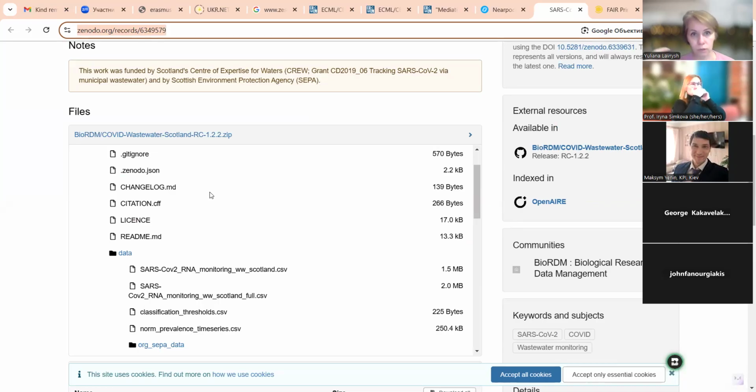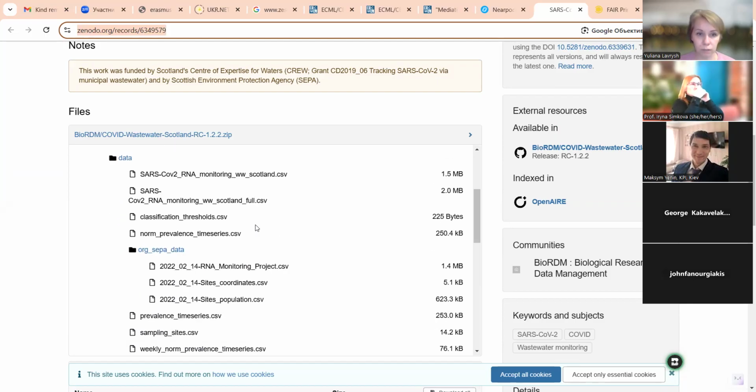It means that you can open it, you can change, for example, the format of this file, and in general, you can do whatever you want with this data and integrate it into your research, or change maybe the way it is presented, or if you don't need all this data set, you can just take some part of it. So it tells about interoperability.